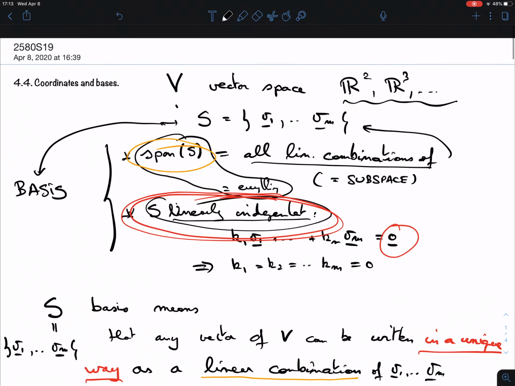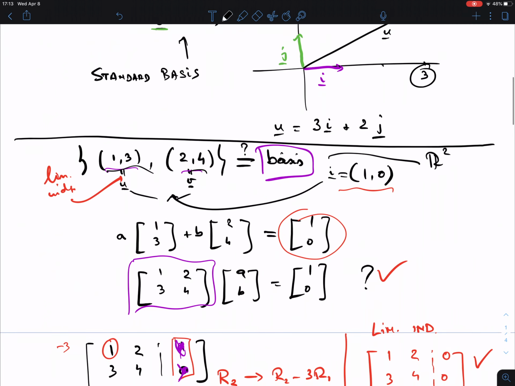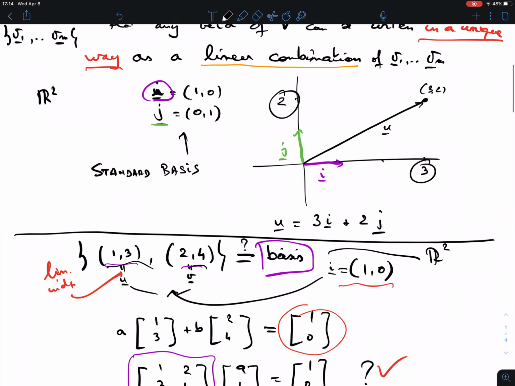But now perhaps one more thing I want to say is about coordinates. So let's go back to our very first example here. First of all, we know what the Cartesian coordinates are. When we talk about Cartesian coordinates, what we mean is these are the coefficients of the linear combination where you use the standard basis. So that's what Cartesian coordinates are.